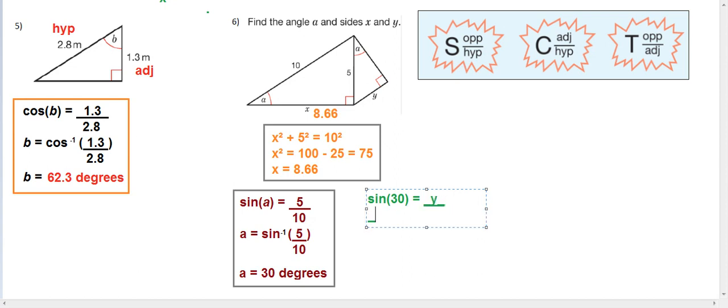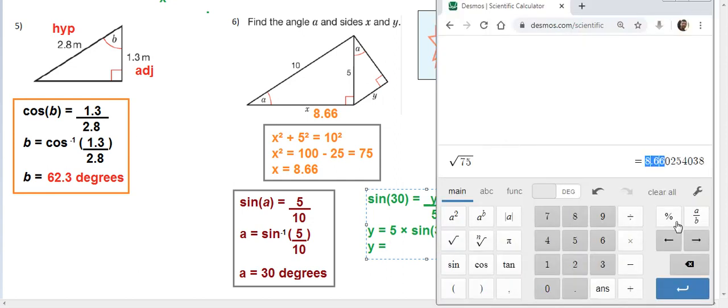The sine of 30 is going to be the opposite side y divided by the hypotenuse, 5. So y is going to be equal to 5 times the sine of 30. Let me take my scientific calculator here.